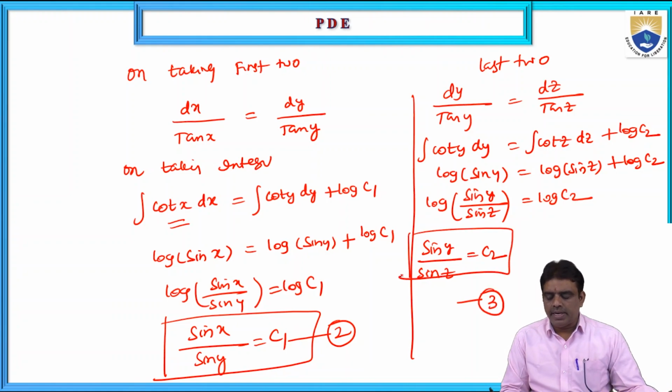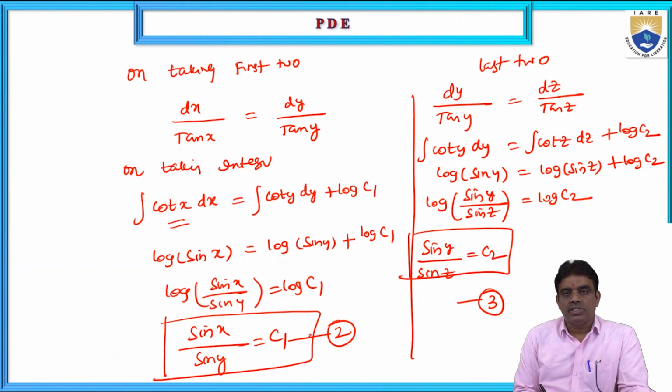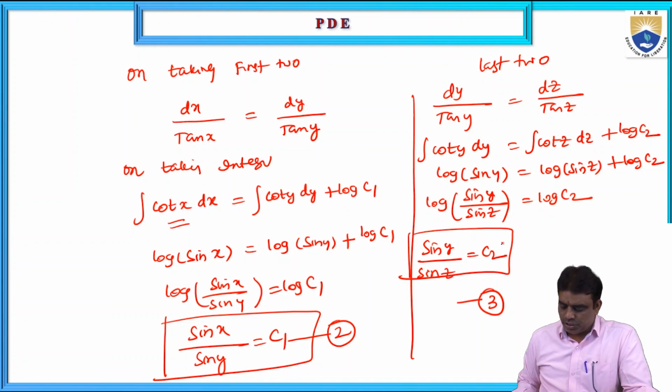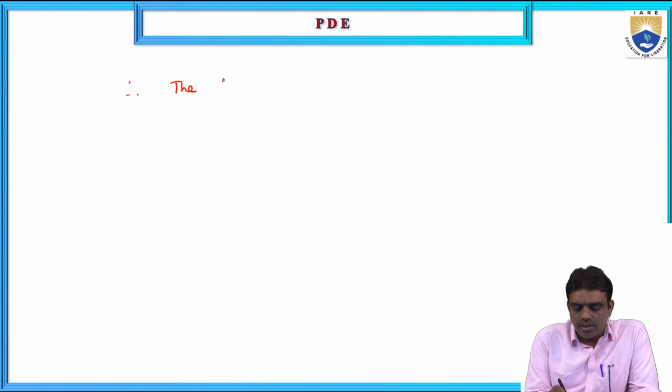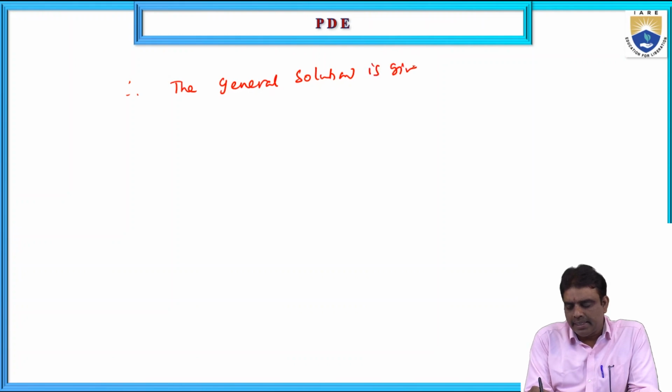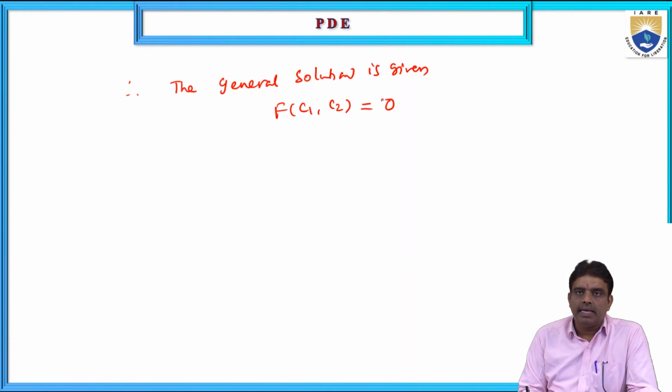So we have obtained two independent solutions. One is sin x by sin y is equal to c1, and the second one is sin y by sin z is equal to c2. Therefore, the general solution is given by capital F of c1, c2 is equal to 0, as per Lagrange's linear equation solution methodology.